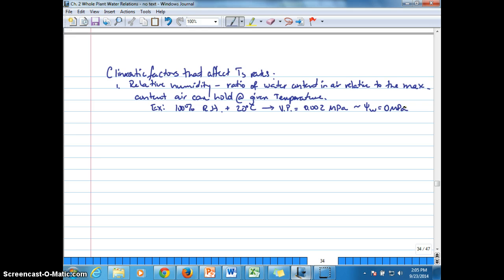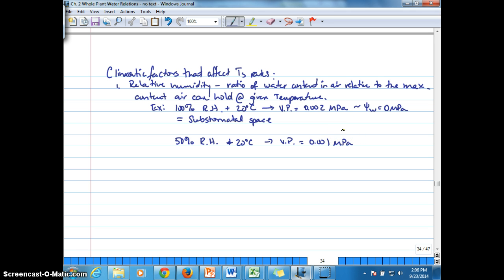Or in saturated soils. And where is this relevant? Well, this would occur in the substomatal space, where the relative humidity in the leaf is almost always 100%. Now we're going to compare this to an atmosphere of 50% relative humidity and 20 degrees Celsius. Here you're going to see a vapor pressure equal to 0.001 megapascals.